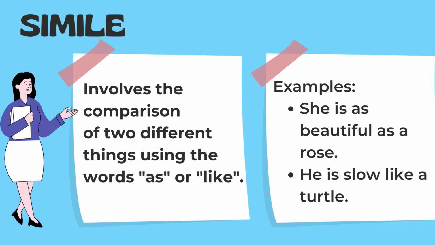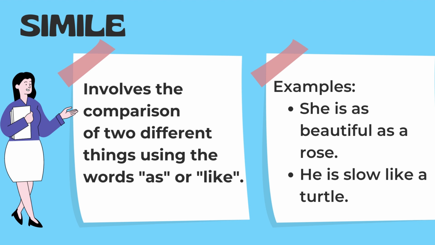She is as beautiful as a rose. He is slow like a turtle. So, what you have observed from both of these statements is that it involves two different things, which is she, the person, and rose. So, these are two things. It involves comparison of two of them, and then we have the word as.